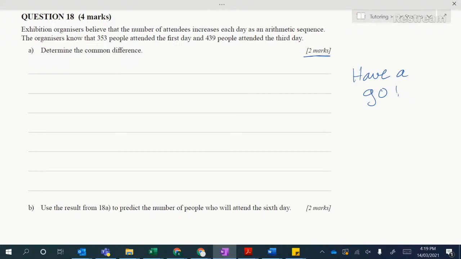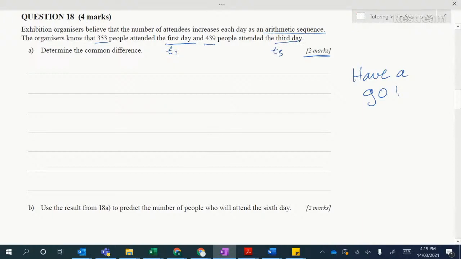Okay, so I can see in the question that it's supposed to be an arithmetic sequence. Okay, and I can see some information here, 353 people on the first day. So I'm going to take the first day to mean T1, and I'm going to take 439 people to mean the third day, term 3.